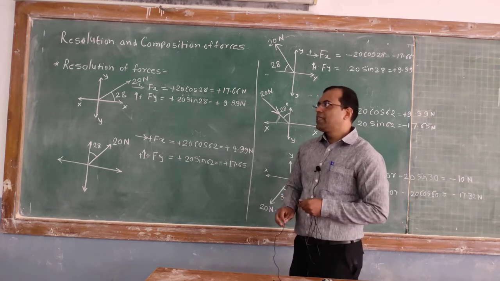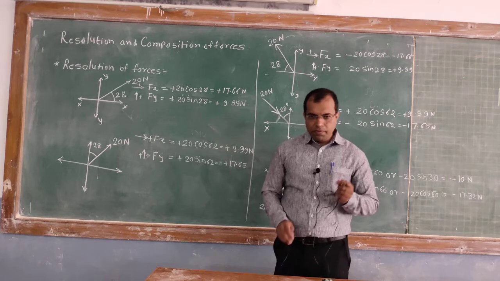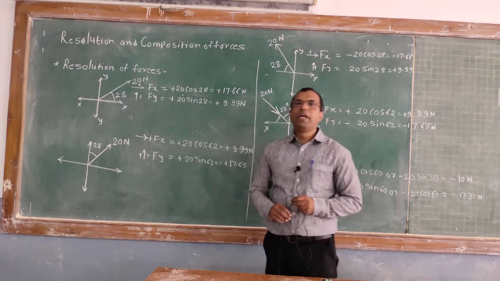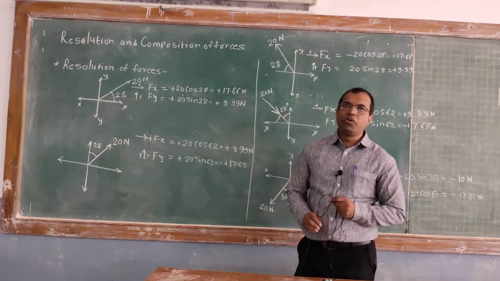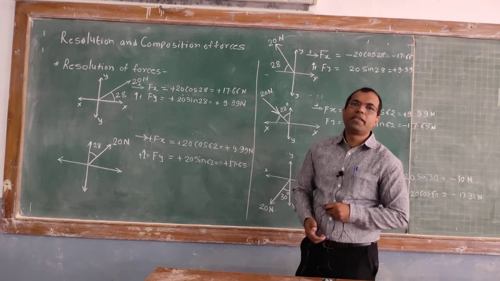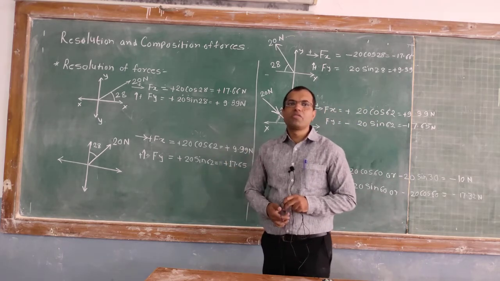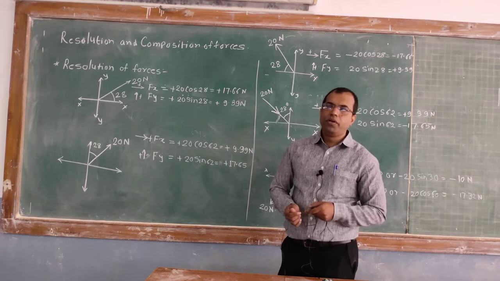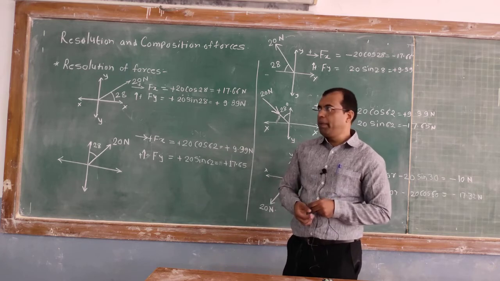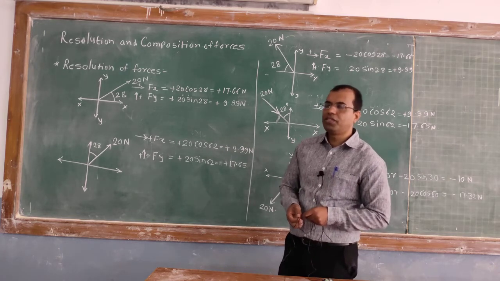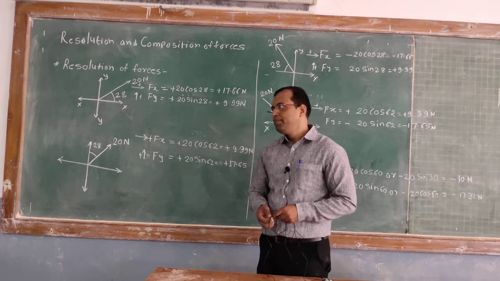Generally, we can also solve composition problems analytically by forming the triangle and using the sine rule and cosine rule. These topics on composition of forces were covered in the last lecture.